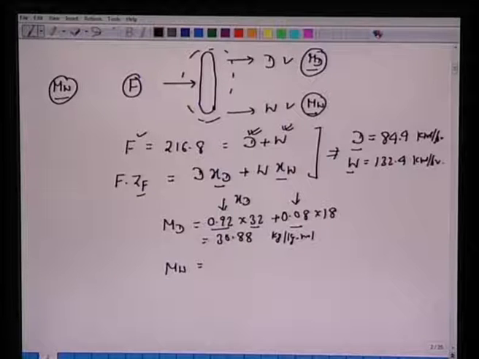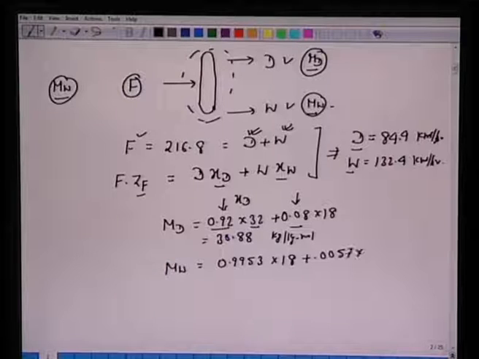So we are calculating MD, the average molecular weight of the top product. Now MW, the average molecular weight of your bottom product, this would be 0.9953 into 18 plus 0.0057, just now we calculated, into 32, to make it 18.1 kg per kilomole.